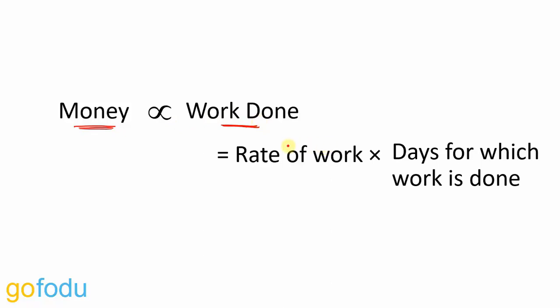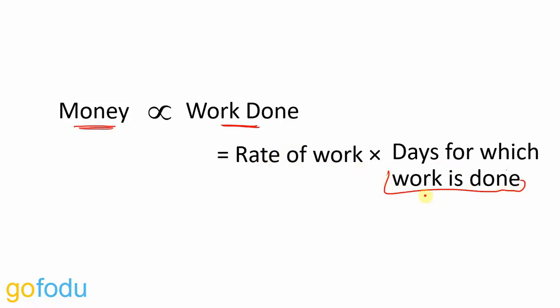Work done is what? Rate of work. Rate of work is work done per day into number of days. So work done is rate of work into days for which the work is done. And if two people work for the same number of days, then their payment will totally depend on rate of work.